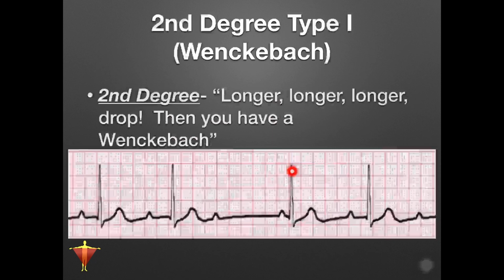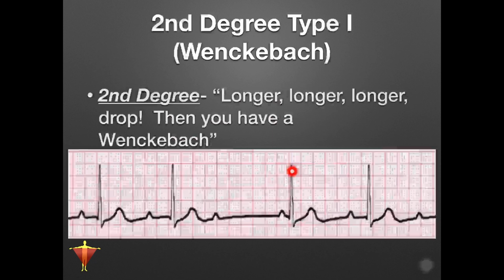So that's what we would identify as a second degree type 1, or a Wenckebach block. Can be symptomatic at times. Again, we want to look at our patient and see what the patient is actually presenting with, or what the patient is experiencing.